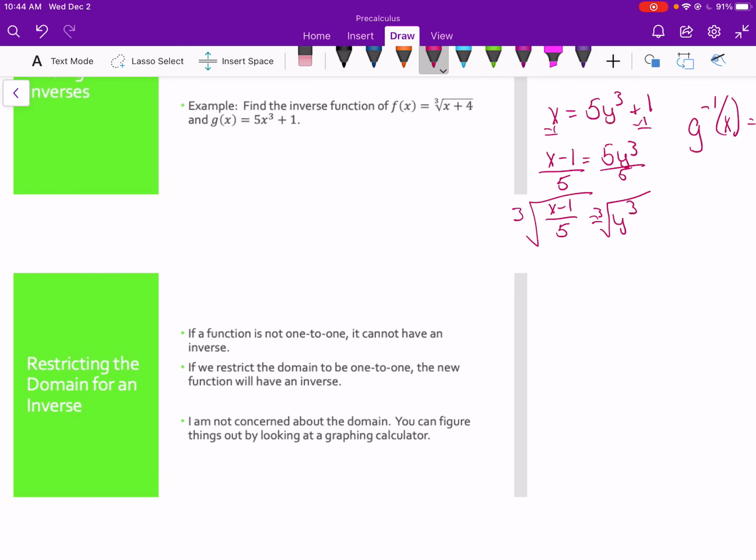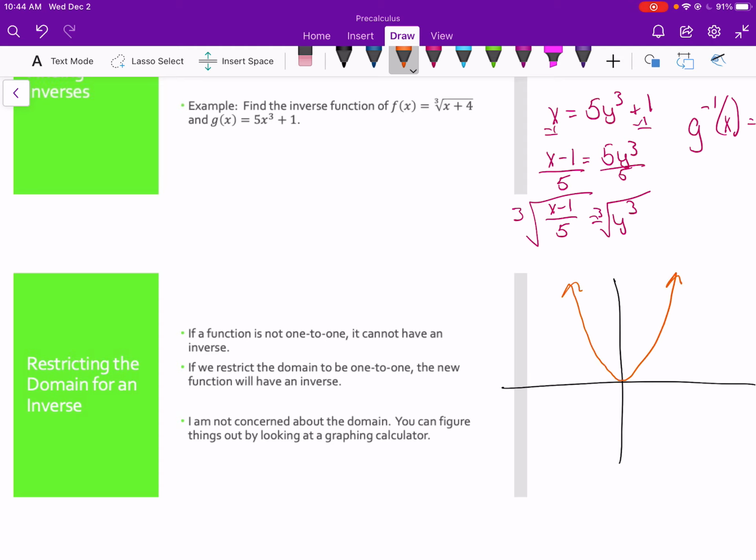Notice that if a function's not one-to-one, it can't have an inverse. Remember, a one-to-one function means it passes the horizontal line test. The classic example of this is our quadratic function. Our quadratic function looks like this.